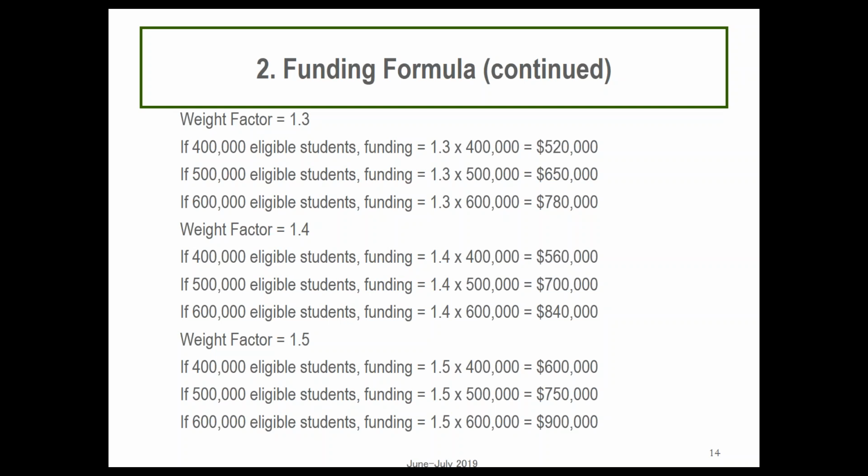And the same if we were to use 1.4 with the same number of eligible students. And the same for 1.5 by using the same number of eligible students. So this is just an example of how to compare the 1.3 to the 1.4 and 1.5.